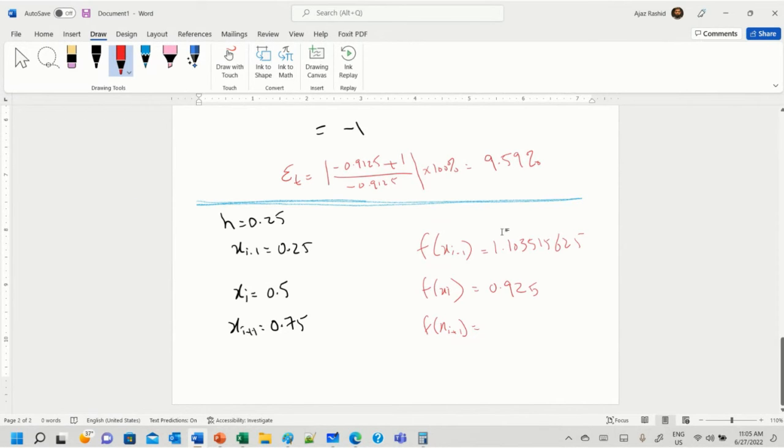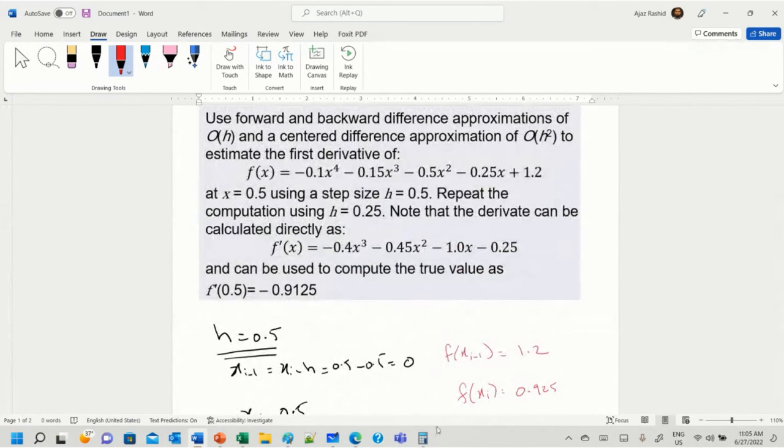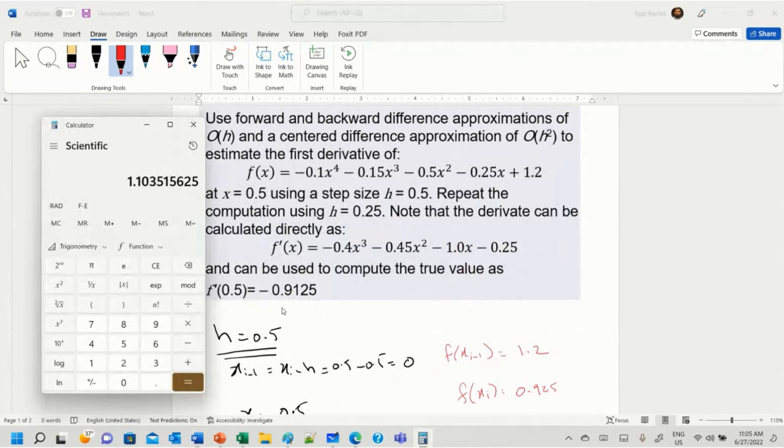And then xi plus 1 is at 0.75. So I'll clear the memory again, clear everything. I'll say 0.75 to the power 4 multiplied by 0.1, and subtract that from the memory.